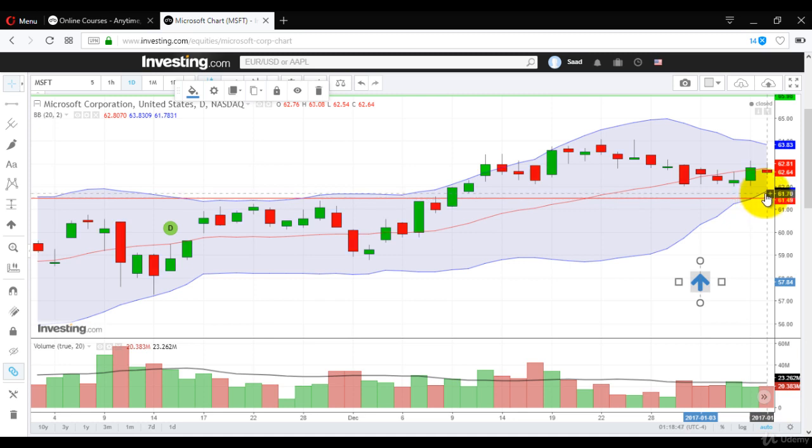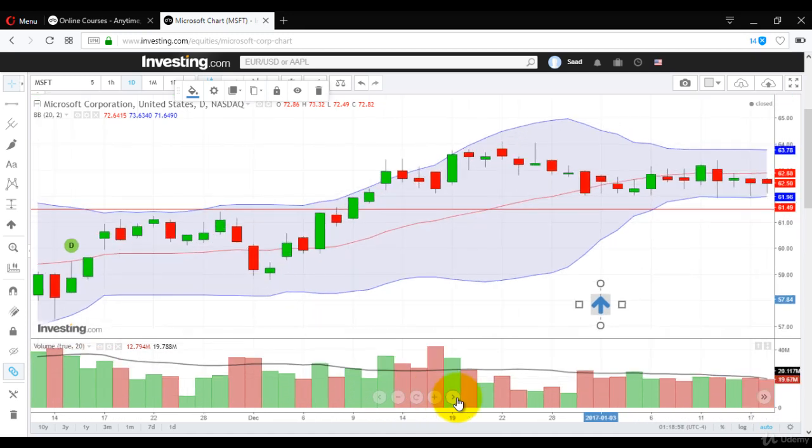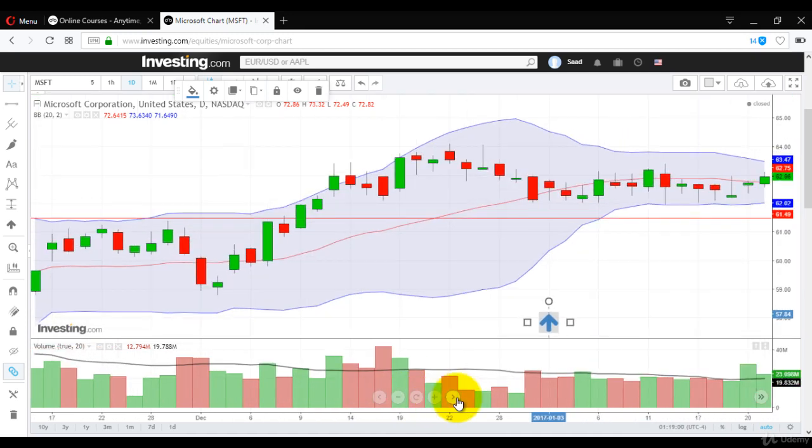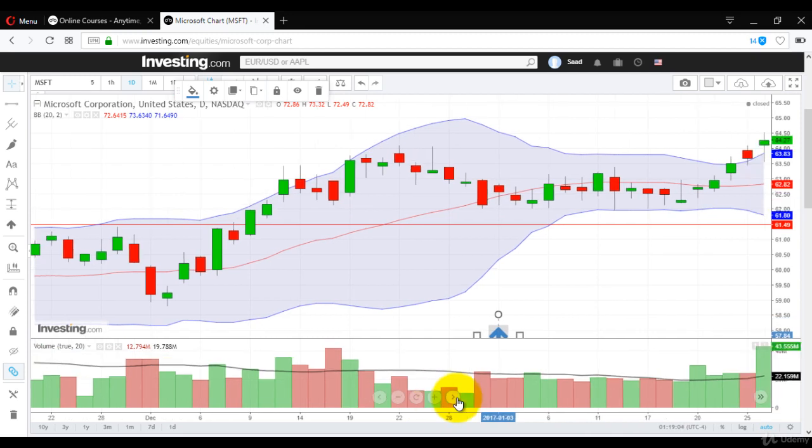We cannot sell it above this. So it's 1, 2, 3, 4, and 5th, 6th, up to the 16th day. Now it's going up, and our top line at 66 could be achieved.